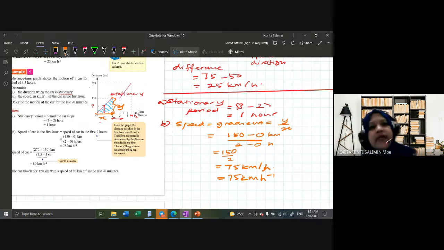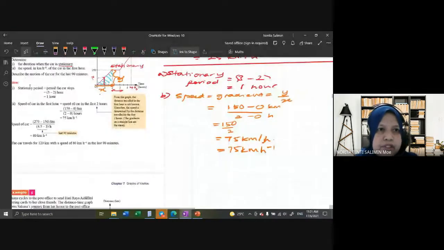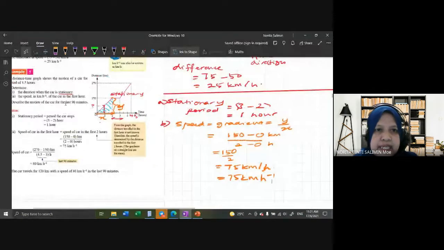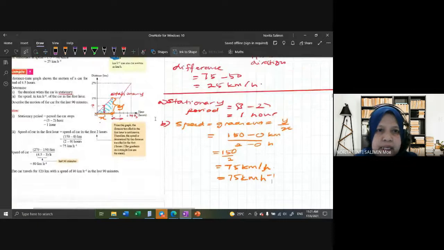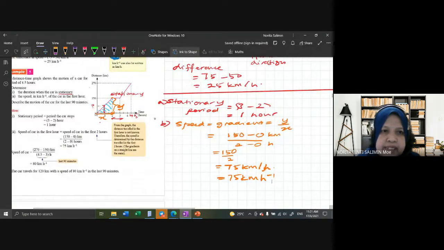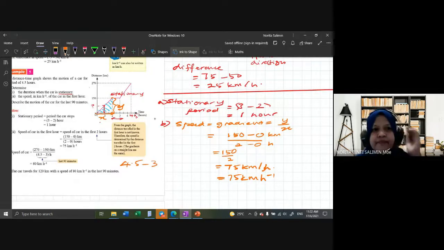Understand. Very good. The last one: describe the motion of the car for the last 90 minutes. Where are the 90 minutes? That means from 4.5 minus 3, which is 1.5. This is in hours.